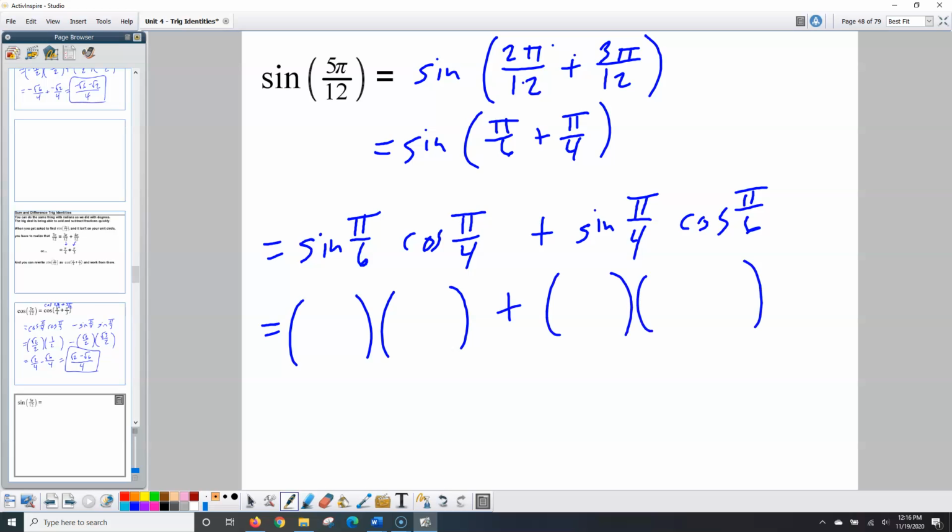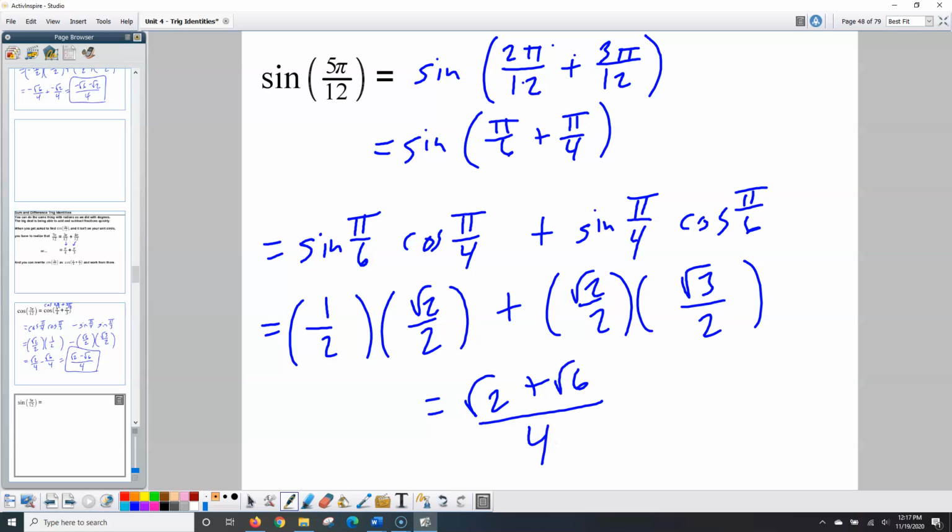And pi over 6 is that very first one over there on the right side. The sine is the y value. That would be 1/2. That would make this over here square root of 3 over 2. And then pi over 4 is the square root of 2 over 2. So final answer is going to be square root of 2 plus square root of 6 over 4.